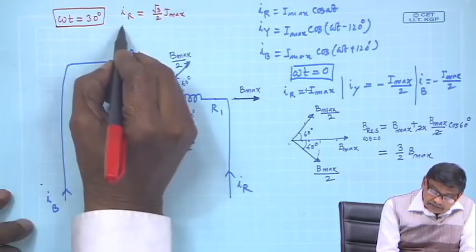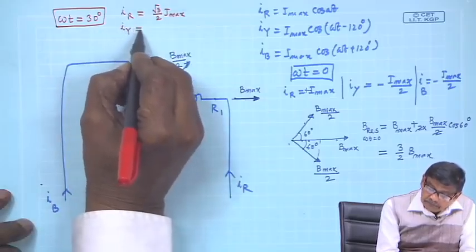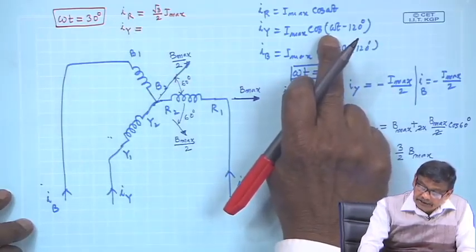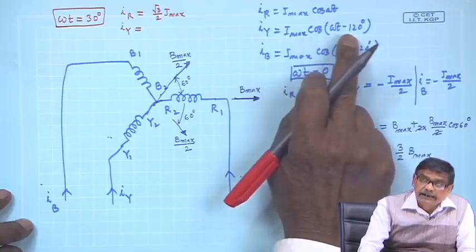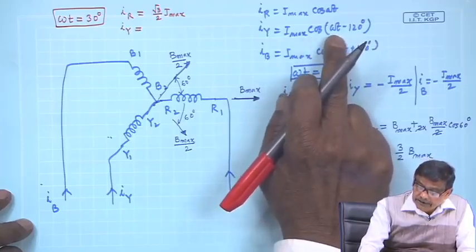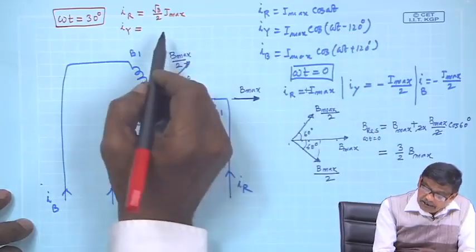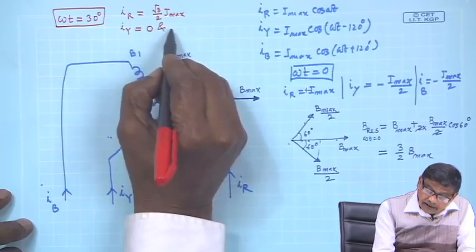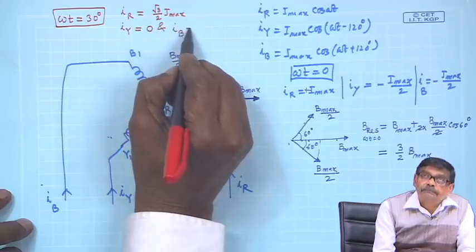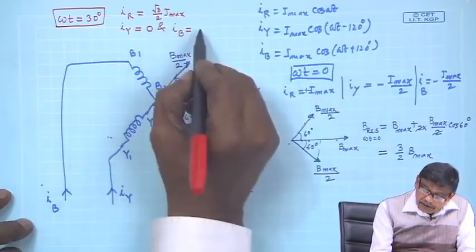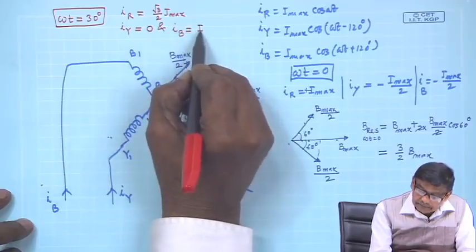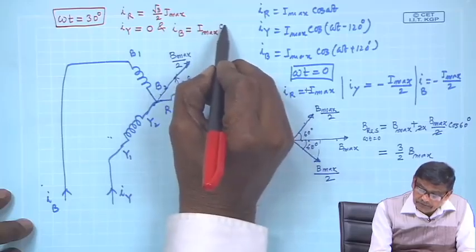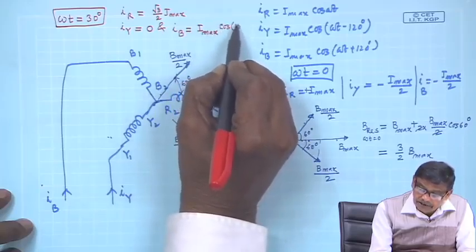I y, if you substitute 30 degree here, it will be cosine of minus 90 degree. So, I y will be 0 at that time, and I b will be I max cosine of 150 degree.